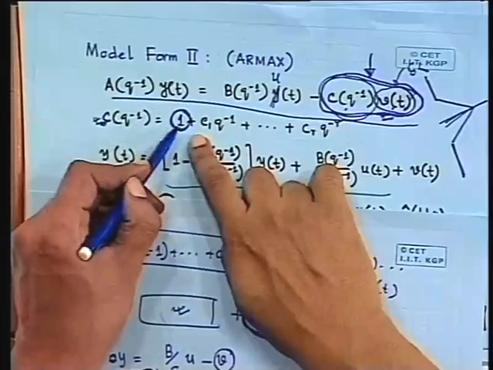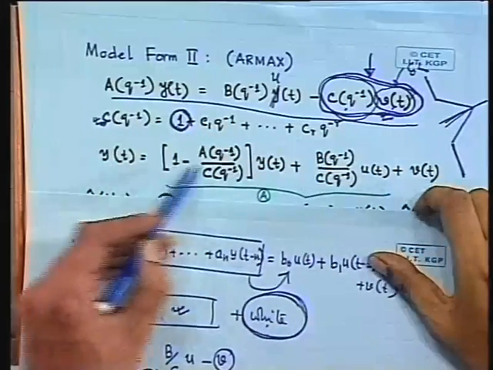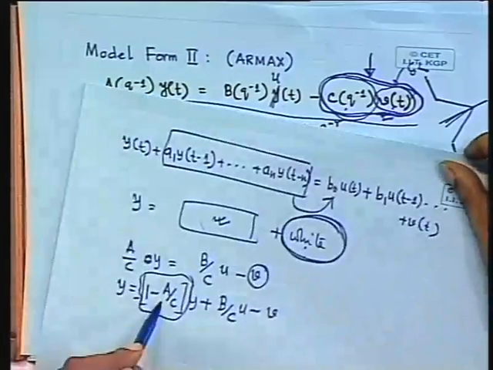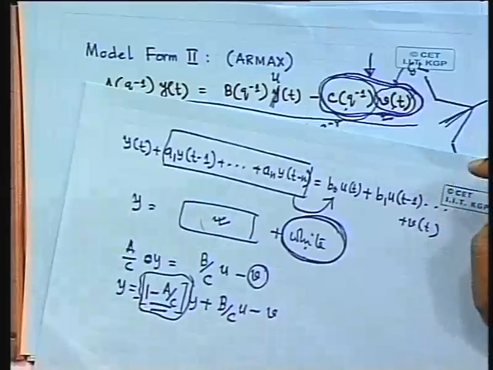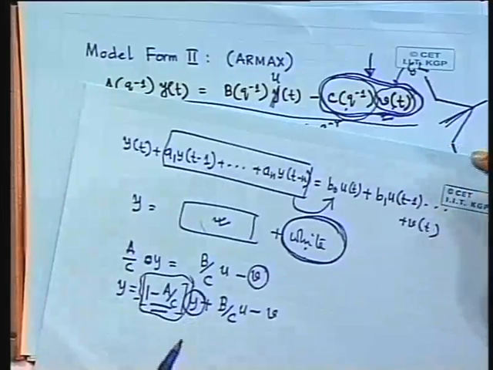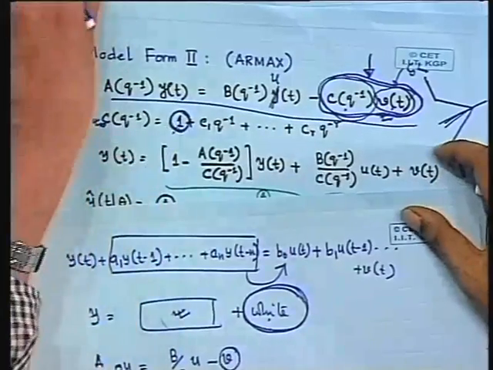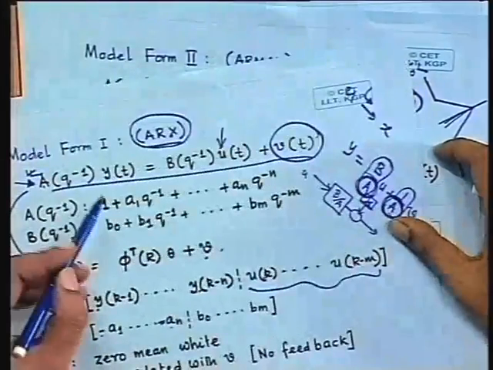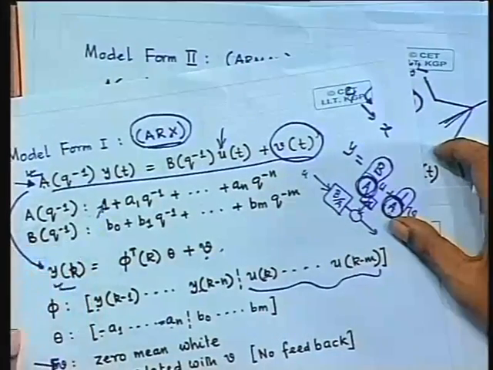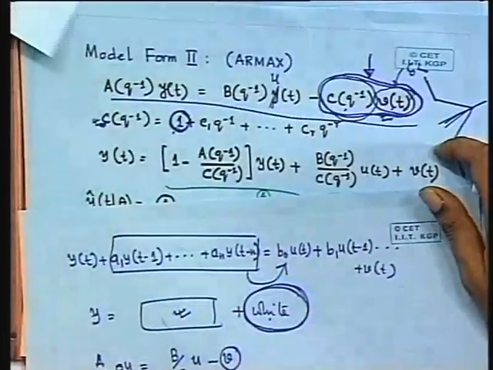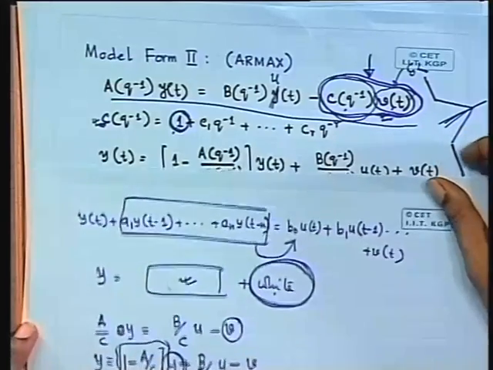If you choose it as 1, remember that this thing, 1 minus A by C, only contains past terms of Y, because C naught is 1 and A naught is 1. So when you do 1 minus A by C in the numerator, you don't have any direct term.